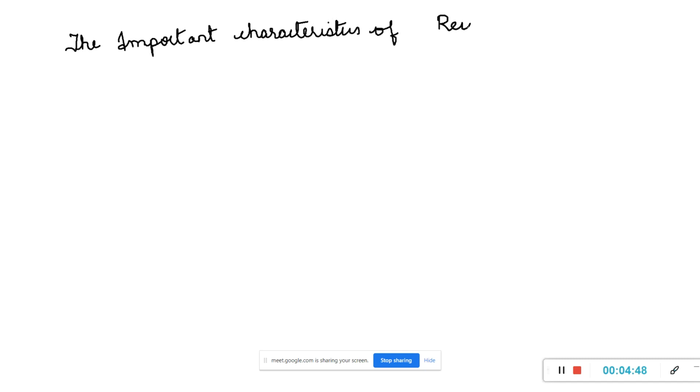So next, some of the important characteristics of the rectifier circuit. First one is waveform of the load current.